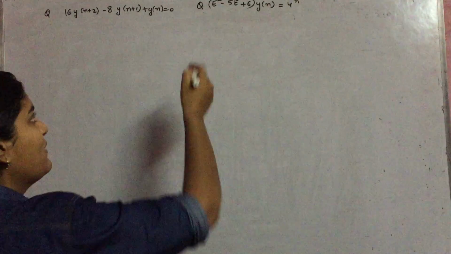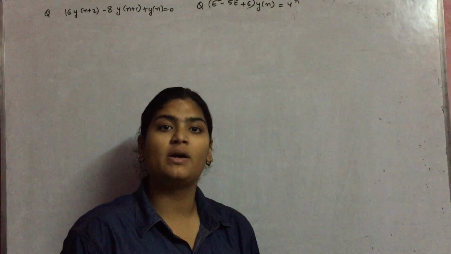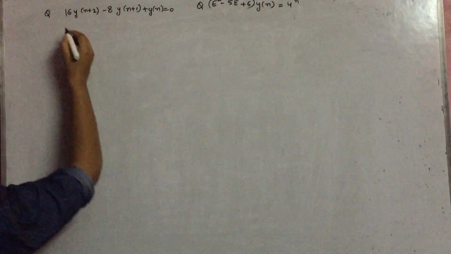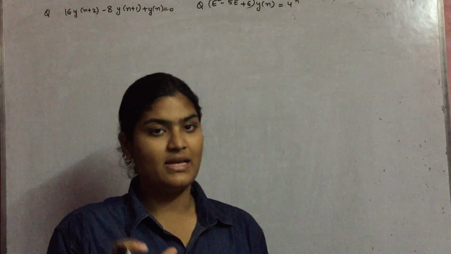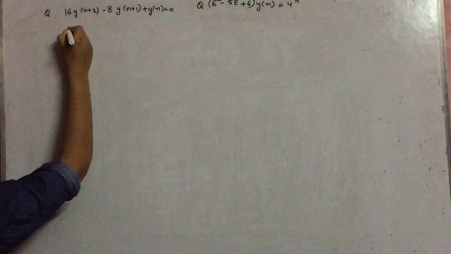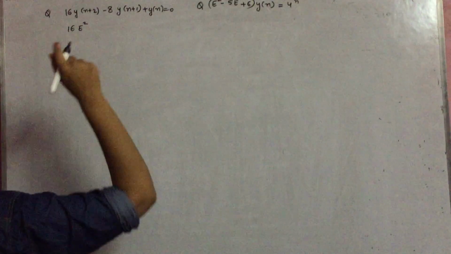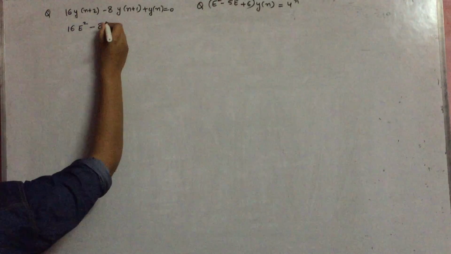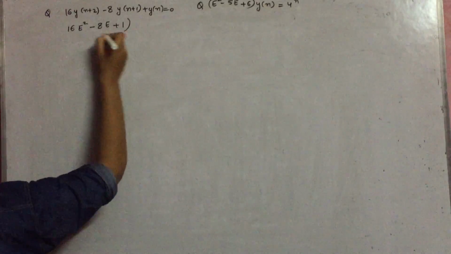This is the homogeneous equation, as we see, this is equal to 0. So firstly, you have to prepare an auxiliary equation. How can you form it? For the auxiliary equation, you have to suppose an elementary operator, capital E. So this is 16E square, where E square means difference of order 2, minus 8E raised to power 1 of order 1, plus 1.